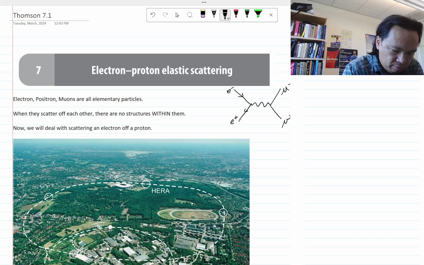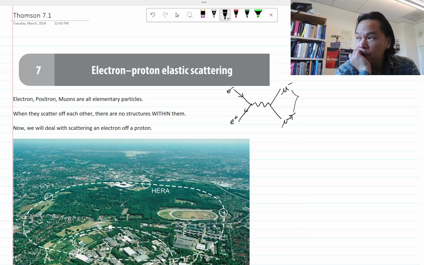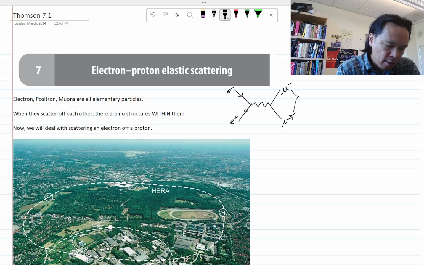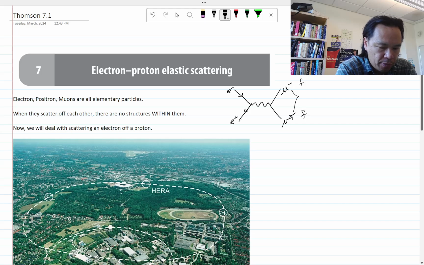But in general, if you were to read through the last section of chapter 6, which I skipped because it just got really, really mathy, these can be any fermions, okay? And it actually shows you a result for getting a cross section for any fermion. But then you have to know what the fermion is and plug in those numbers.